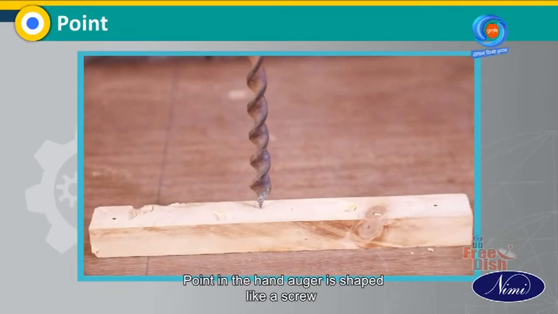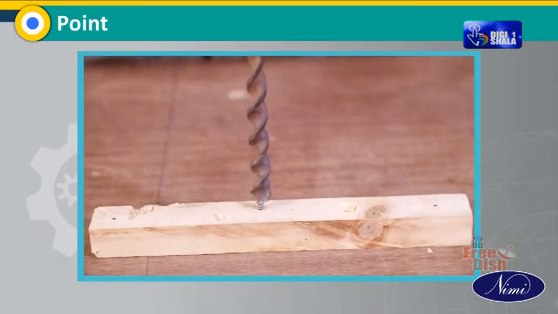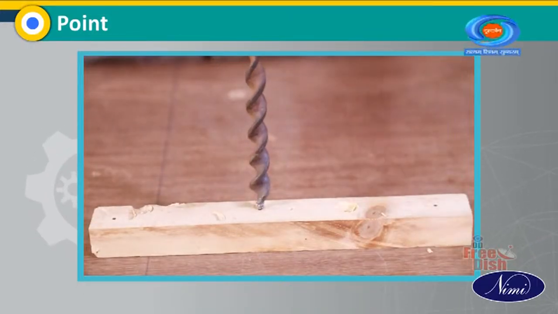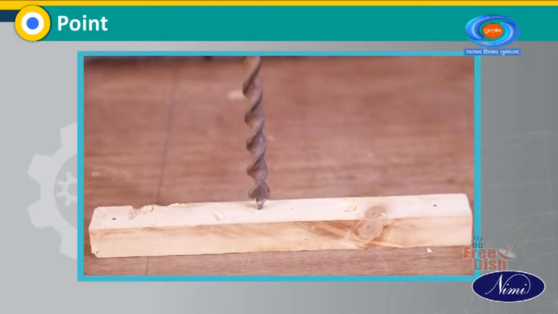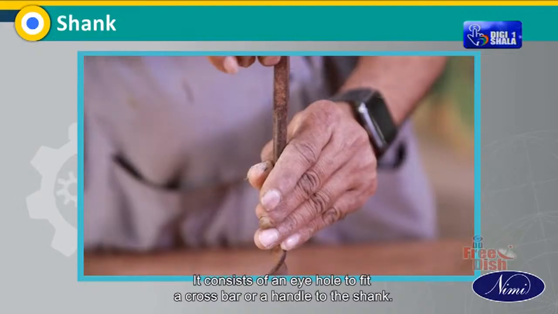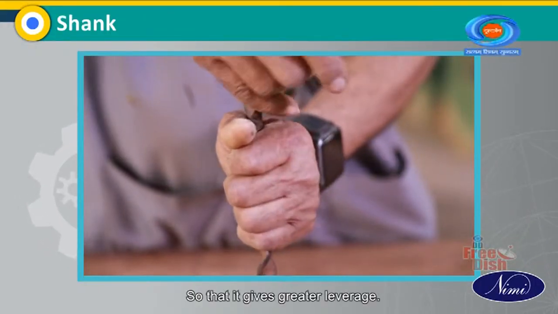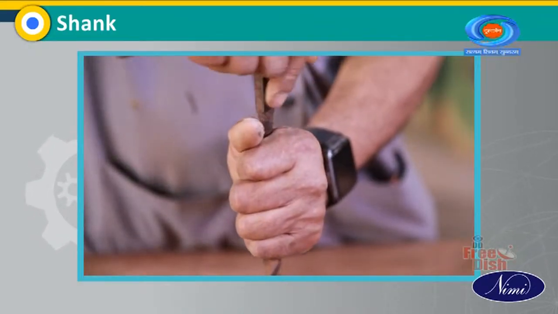Point. The point in the hand auger is shaped like a screw which is responsible for cutting. Shank. It consists of an eye hole to fit a crossbar or a handle to the shank so that it gives greater leverage.